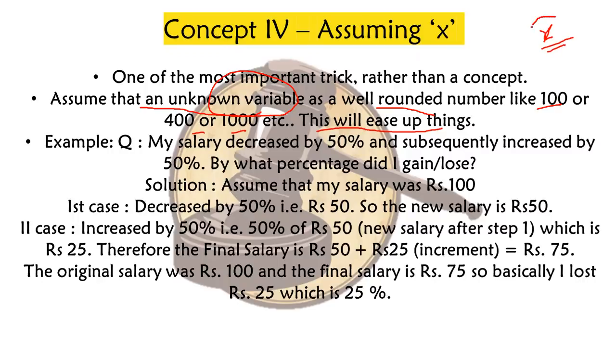Just assume this x to be something, and in the end what you can do is compare it with the real values to make it a real value. Now this will be a bit hard without an example, so I'll give you an example.